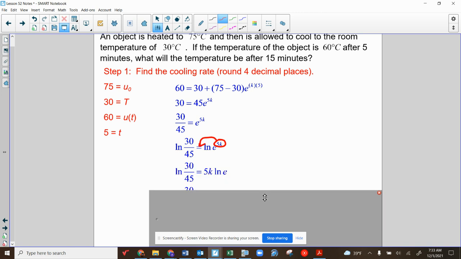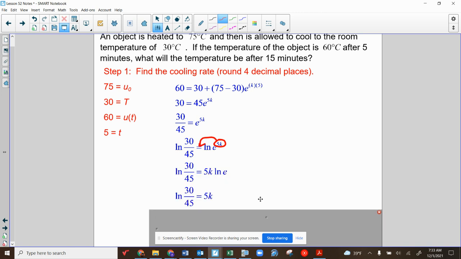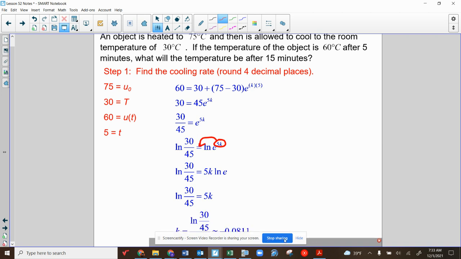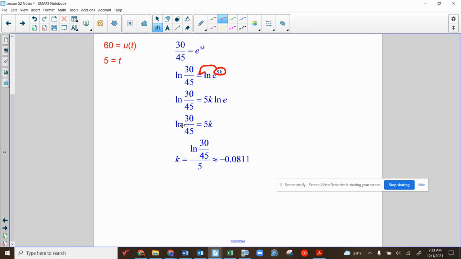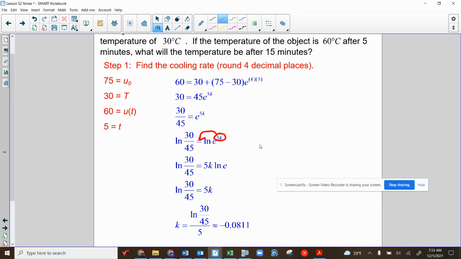And then ln of e is equal to 1. So I have now that. And then if I divide both sides by 5 and put that in the calculator, I get approximately this. And we get a negative number because, again, this is cooling, so you should get a negative number when you do that. Okay, so that's the first piece.